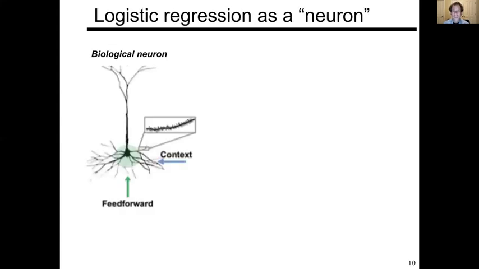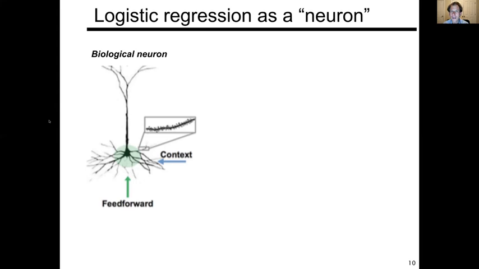At this point, we're going to turn to inspiration from thinking about logistic regression as a kind of modeling of a super simplified version of a single neuron. If you think about the structure of a neuron, it gets input, feed-forward input. There's context that's coming in from other neurons that is modulating the way that input is treated, and then it sends out some output.